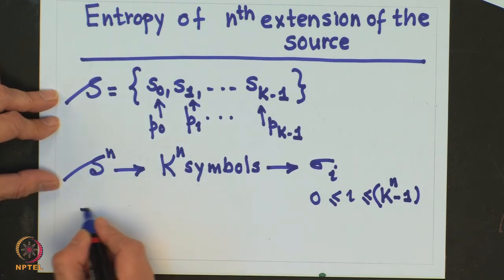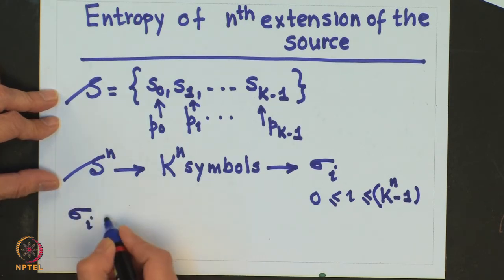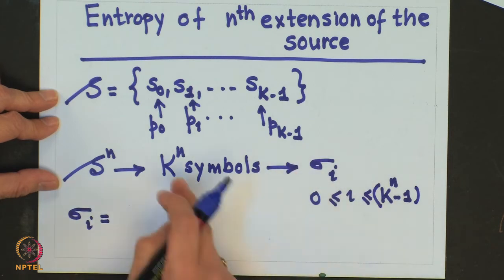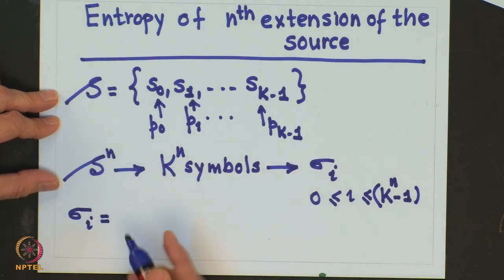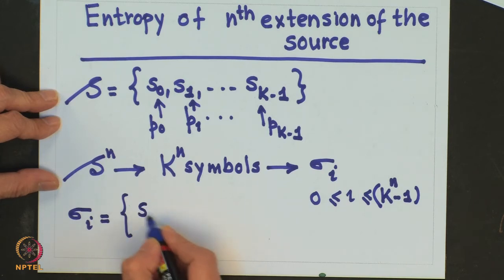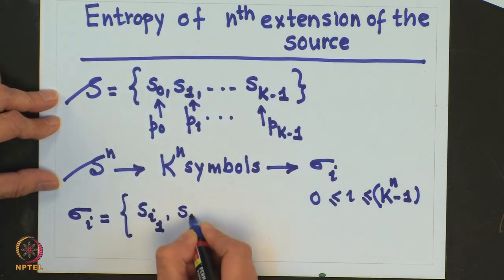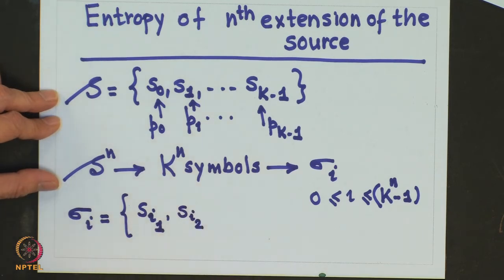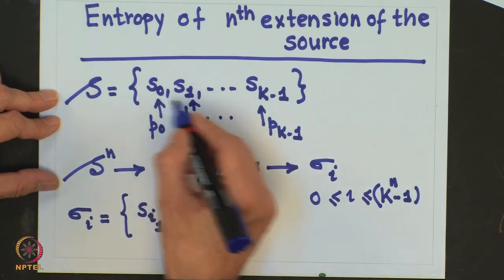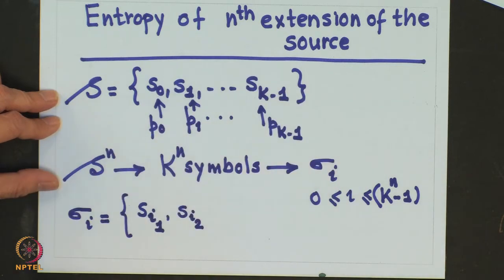Now, each of these sigma i, that is the new symbol in this nth extension, could be written as follows. It will be S_i1. So, S_i1 can take any symbol from this alphabet. Then you will have S_i2. This basically can take again any symbol from this source alphabet, and so on.